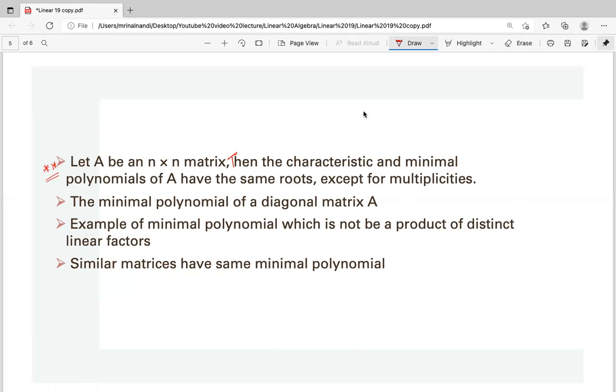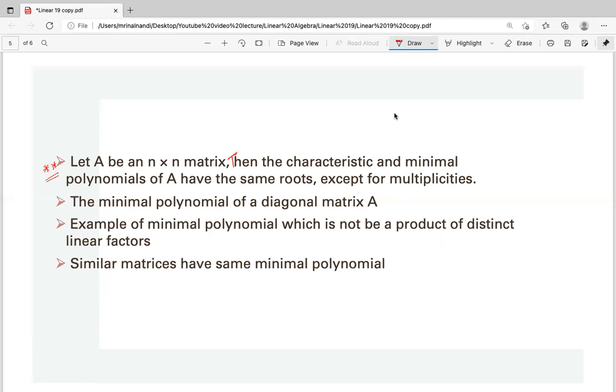We'll see in the next slide that the Cayley-Hamilton theorem says that the characteristic polynomial of A is an annihilating polynomial of A. Therefore, if you assume that theorem, and the minimal polynomial divides it, that means the minimal polynomial is a factor of the characteristic polynomial.